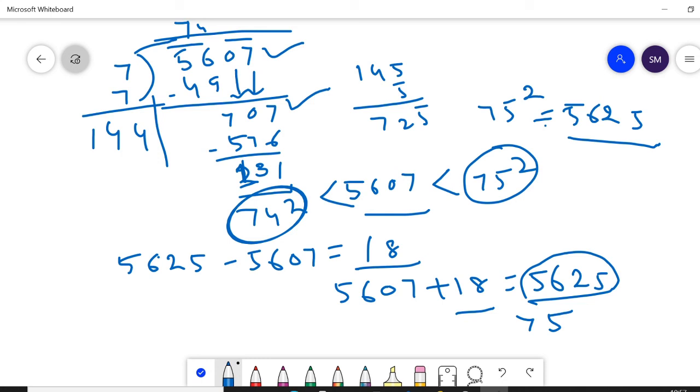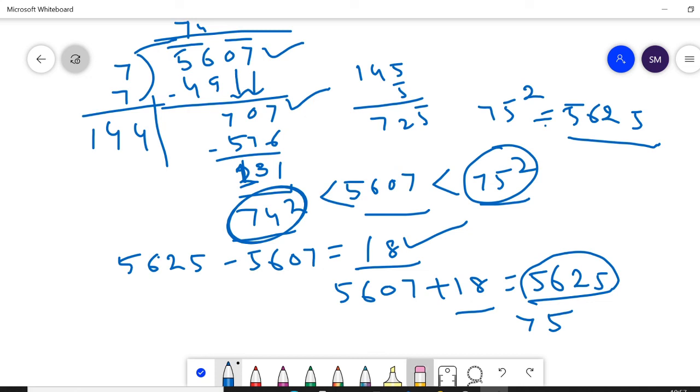Then you find the number is between 74 square and 75 square. Then find the square of 75, then subtract the given number from it, then you find 18. 18 is the least number which is added to the given number to make it a perfect square.